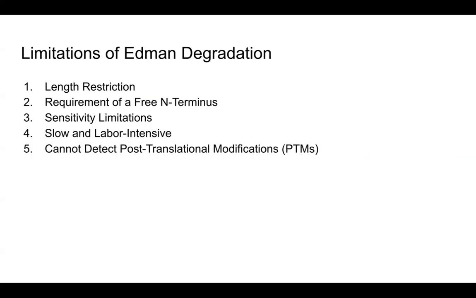So this is particularly limiting when you're dealing with modified or processed proteins, which is what happens to a lot of biological proteins that undergo N-terminal modifications in order for them to become functional. So maraming hindi nasi-sequence dahil dito in the past.